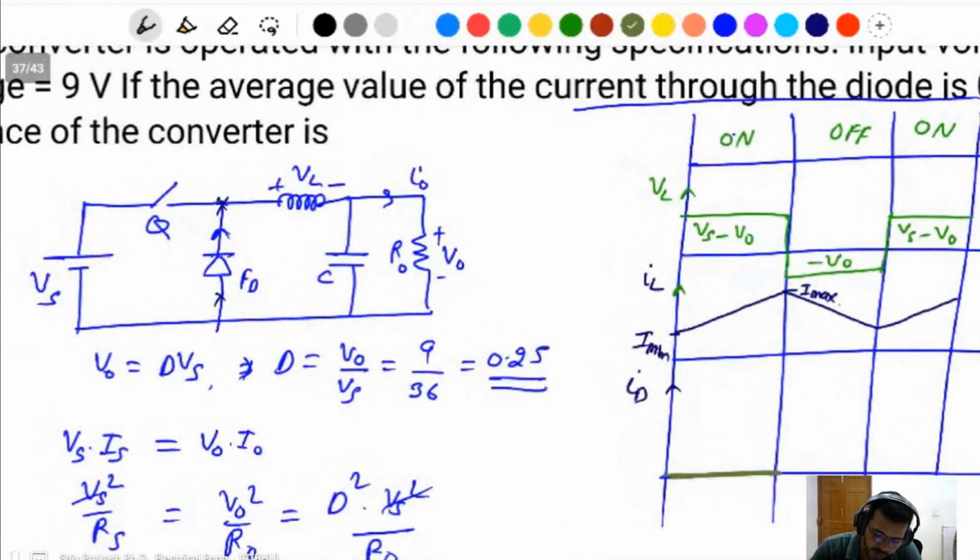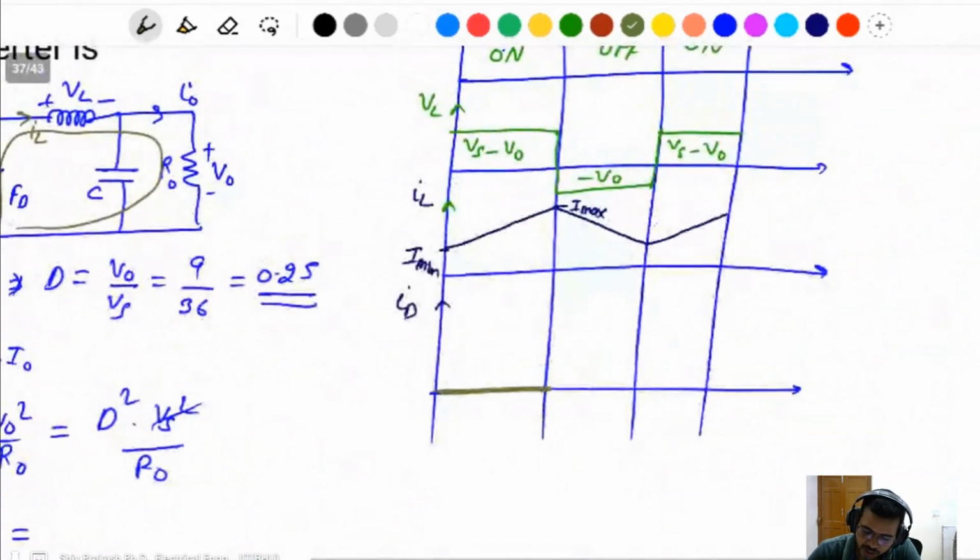But when the switch is off, the inductor current flows through the diode. You can see here, the same inductor current is flowing through the diode, all of the inductor current. After that, when the switch is on, this will be 0.